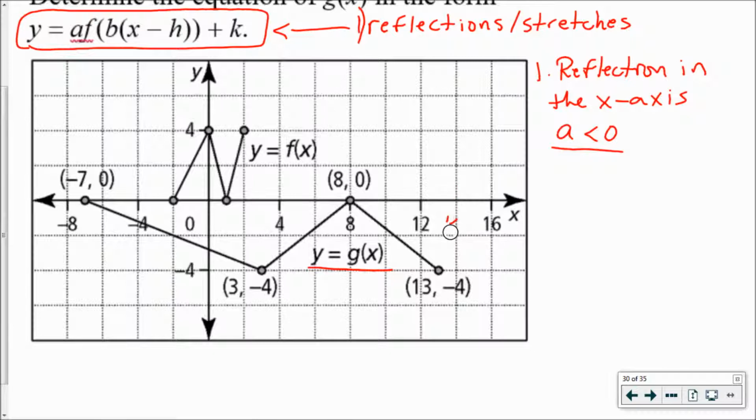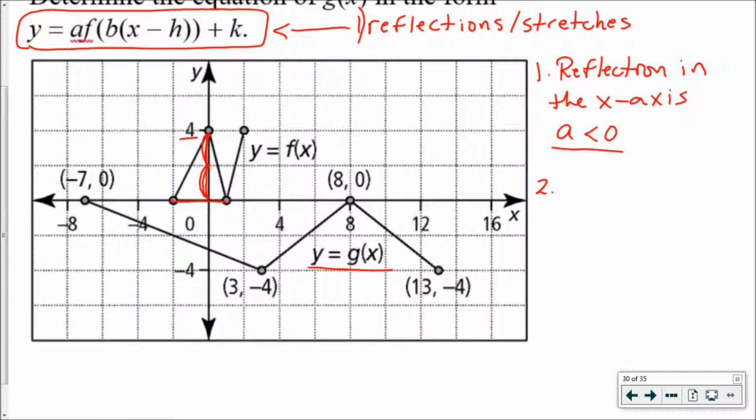And then to think about the stretches, I would compare, say, maybe this depth from where these 2 points are. The depth to that point is 4 units. So I've gone 1, 2, 3, 4, right?